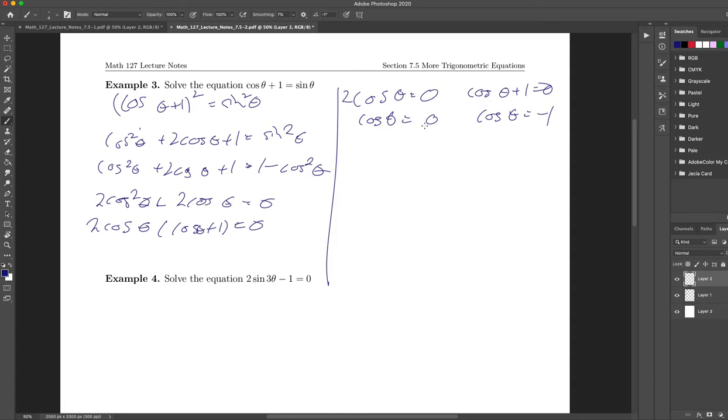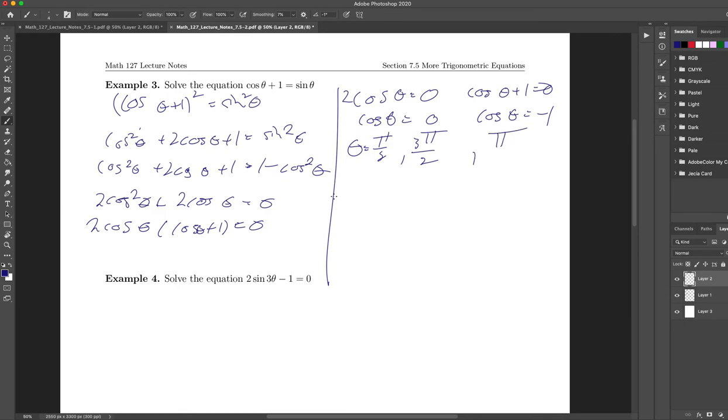So where is this true? This is true at pi over 2 and 3 pi over 2. So theta here is pi over 2 and 3 pi over 2. If we're in our first one here, this is only true at pi. This is another one where it only happens once. So this is at pi.